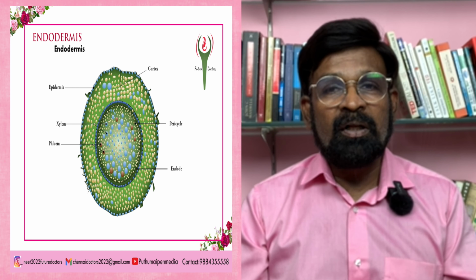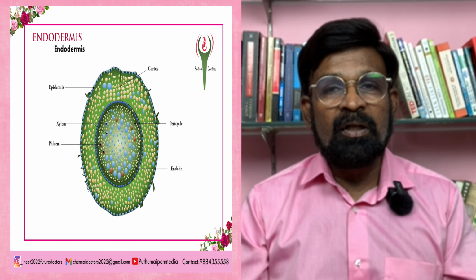Secondary growth occurs in the dicot root. Pith is generally absent in the dicot root. If present, it is small and consists of parenchymatous cells. These function to store food and waste products.